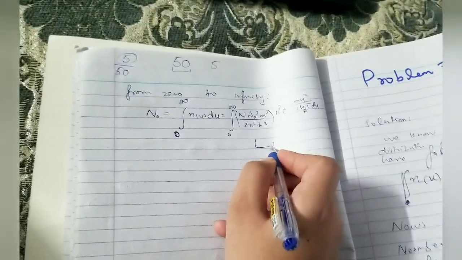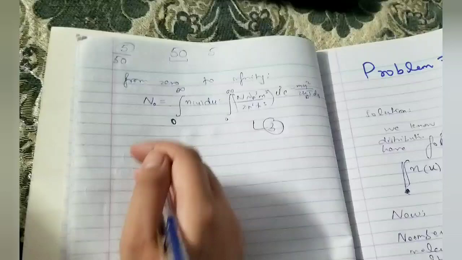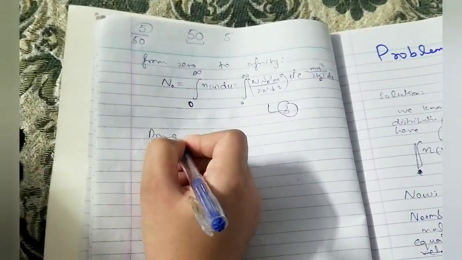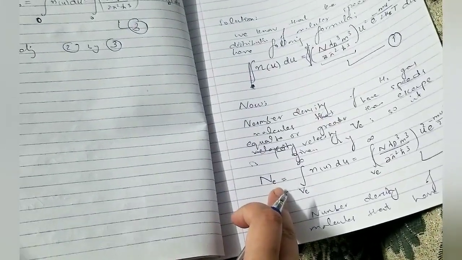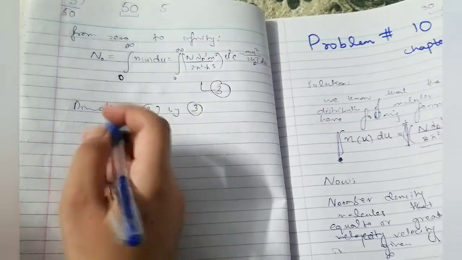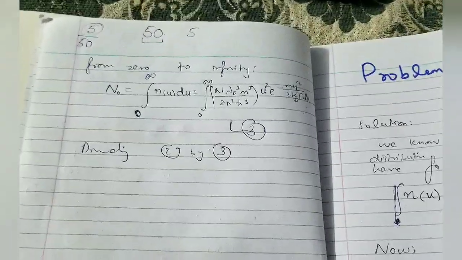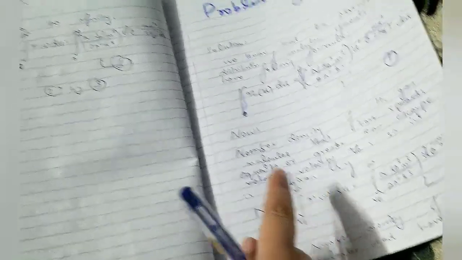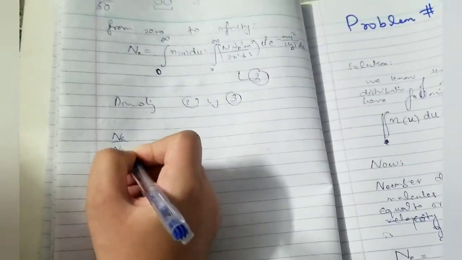Since we want to find the fraction, we'll divide both of these expressions, dividing 2 by 3. So this one will come in the numerator and this in the denominator. Fraction means given value divided by the total value, and ne by n naught gives the fraction.